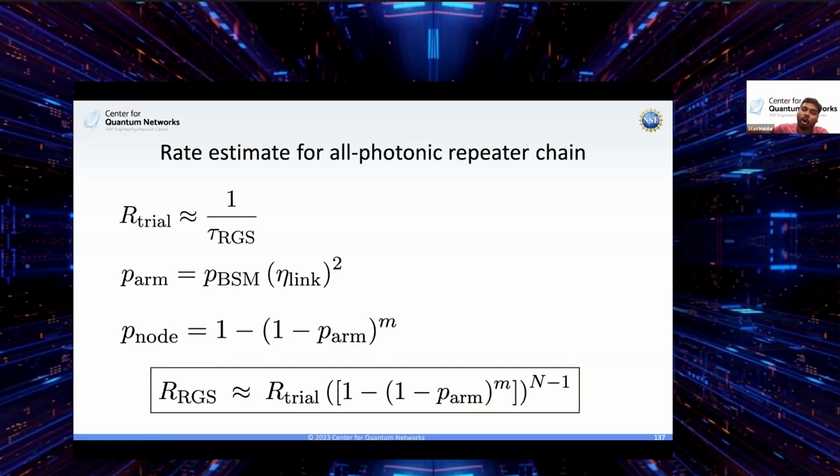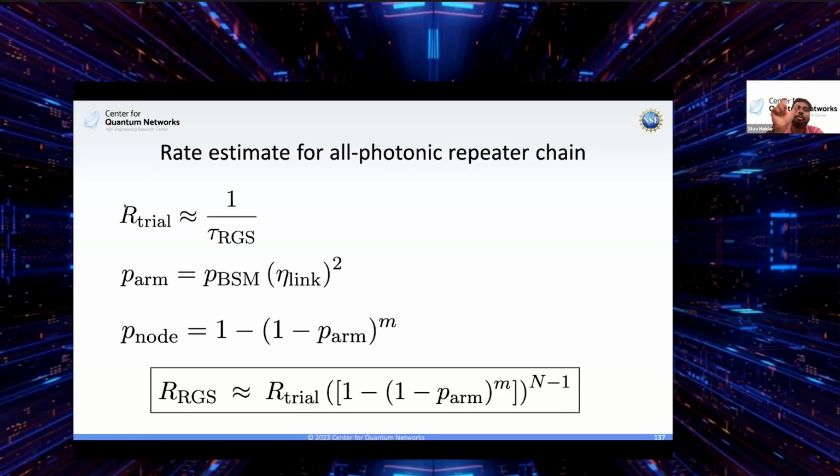So now it's not an or, it has to succeed in each of the segments. So then the probability kind of goes down by a factor of n minus 1. The probability becomes this factor to the power n minus 1.